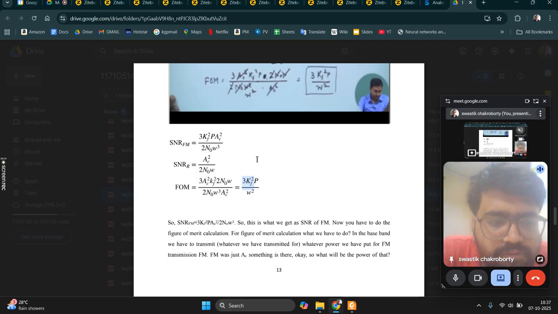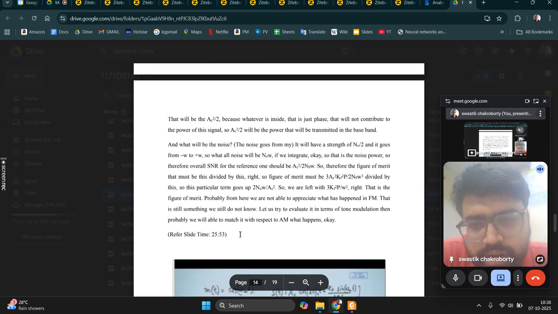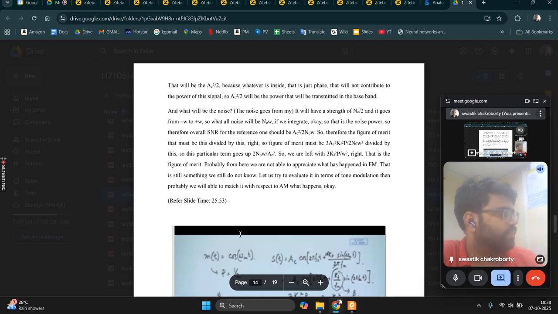This kf is basically something that converts the message signal into a frequency. So the frequency deviation delta f is equal to kf m(t). So kf is the proportionality constant between the frequency deviation and the message signal. So this is the figure of merit.